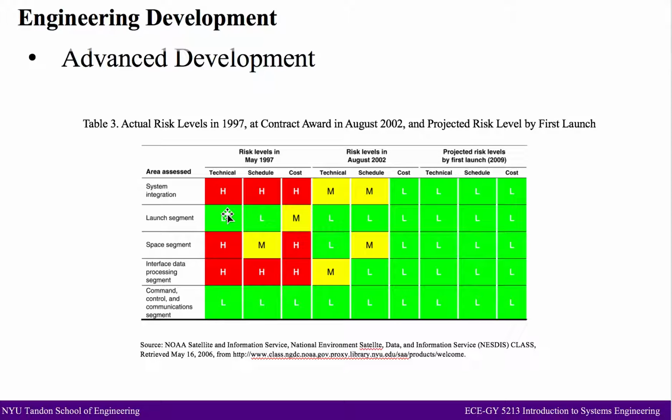The program office expected to reduce its high risk components to low and moderate risk by the time the development and production contract was awarded, and to have all risk levels reduced to low before the first launch.